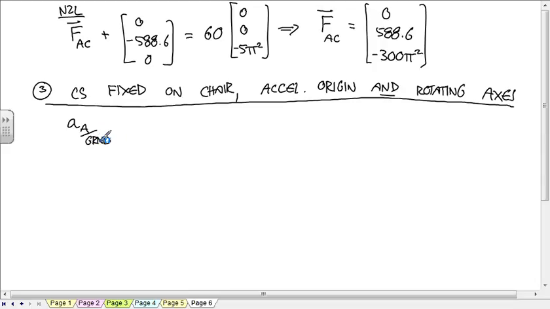That's what we're trying to find. Okay. It is equal to the acceleration of the astronaut relative to the origin plus the acceleration of the origin relative to the ground.